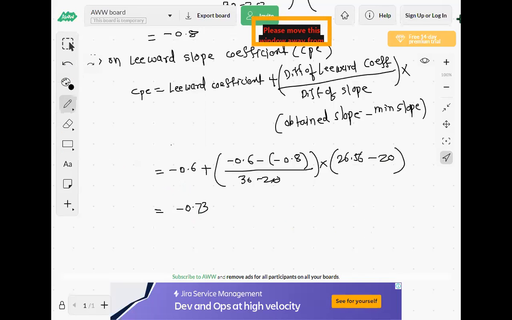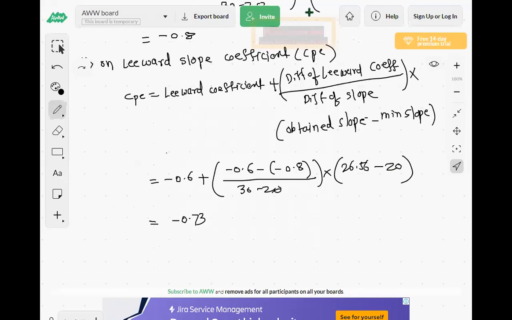Okay, so is this the correct answer? Minus 0.73. Others please. Those who have given wrong answer, please tell me again. Those who have given me wrong answer, please tell me.